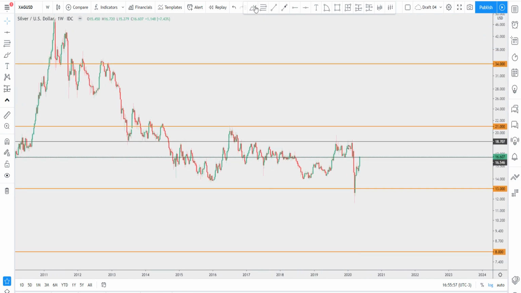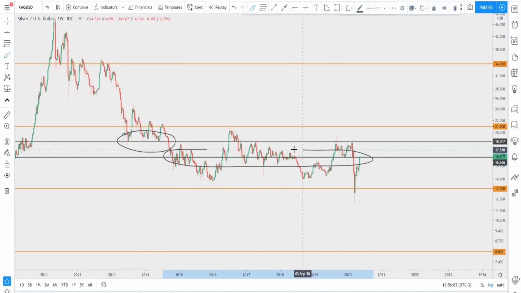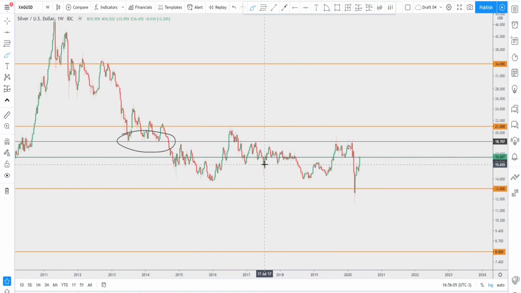Okay, and we also can see how the price behaves around this level. Okay, so it's crystal clear.